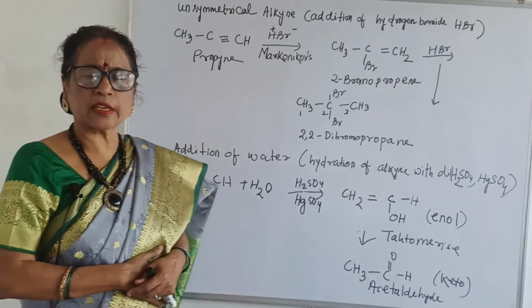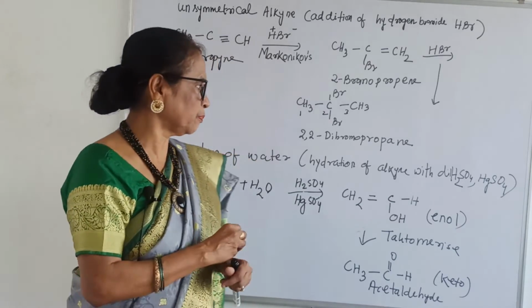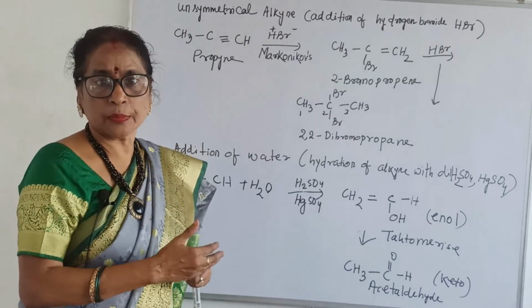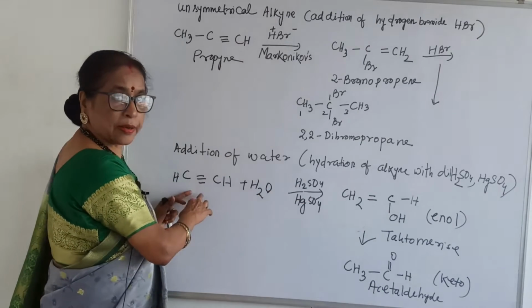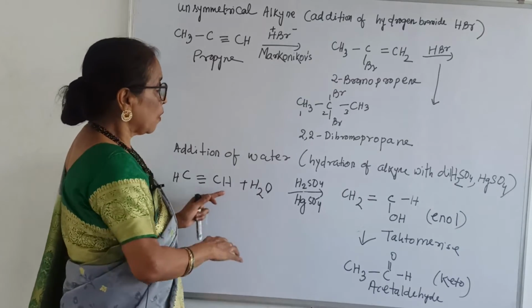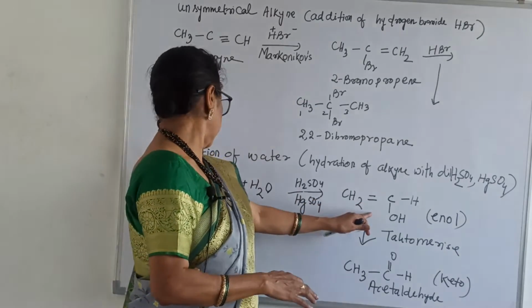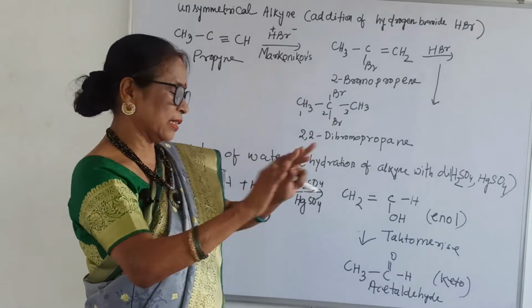Then come to addition of water. That is called hydration of alkyne. And here what happened? You require HgSO4 and dilute sulfuric acid. When you take dilute sulfuric acid, HgSO4 and a symmetrical alkyne, that is your ethyne, what happened? CH2 double bond remains, OH is attached, and here hydrogen remains as it is.